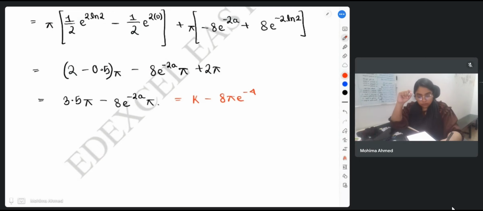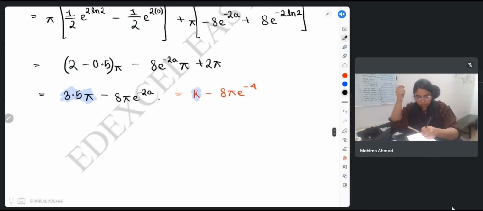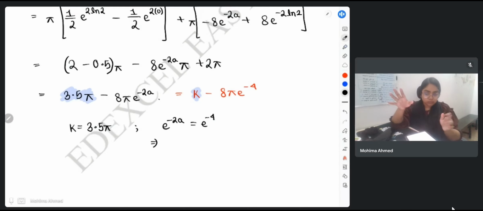In this situation, the value for your k is 3.5 pi. We can clearly see that. And for your a, we should write it like this over here: 8 pi e power minus 2a. What we get is that e power minus 2a should be equal to e power minus 4, which means obviously the bases get cancelled out.